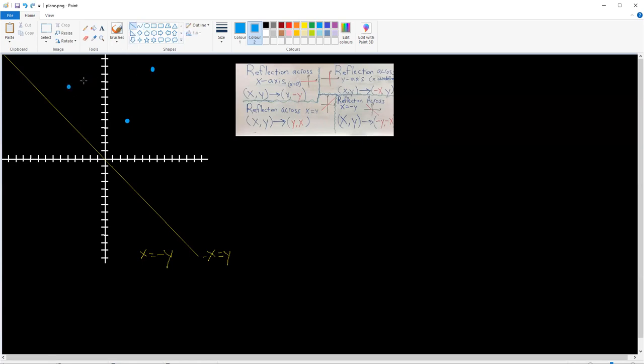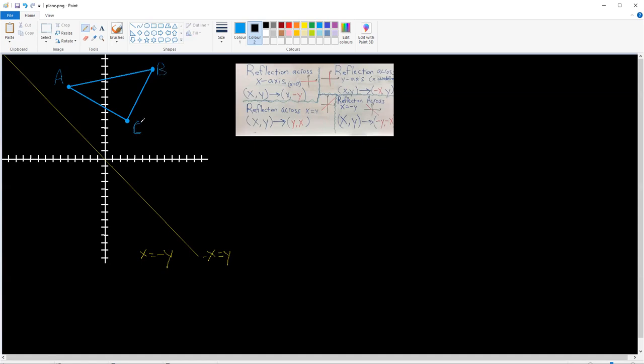Make this into a triangle like this. Okay, and I'll delete this. Right click off. And we'll name this A, B, and C. This is triangle A, B, C.